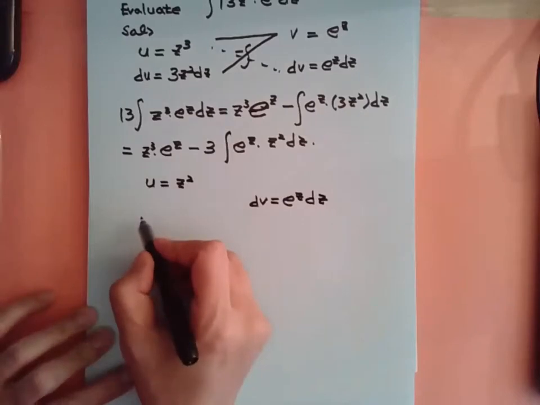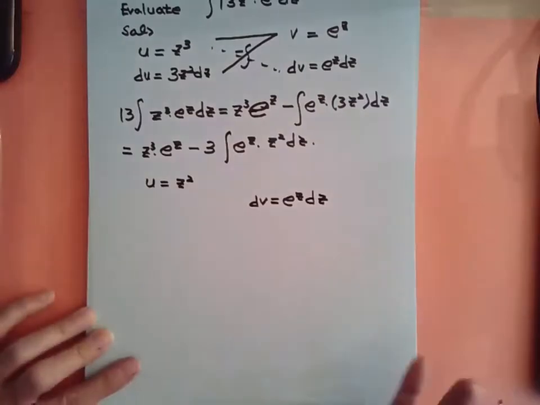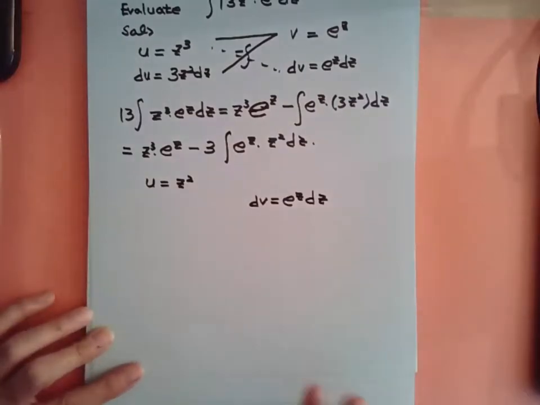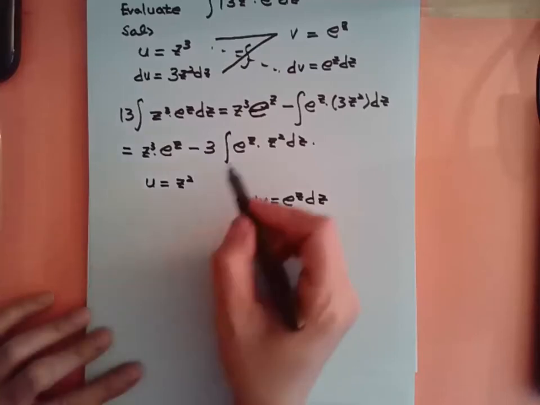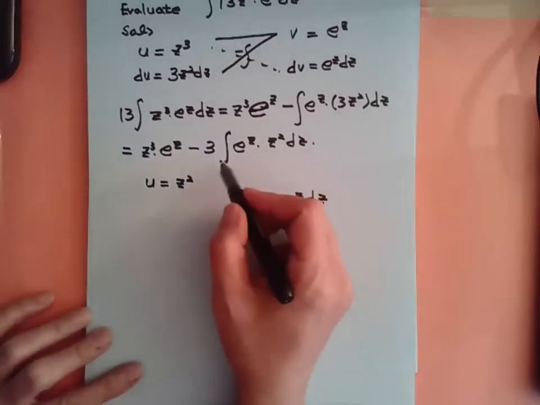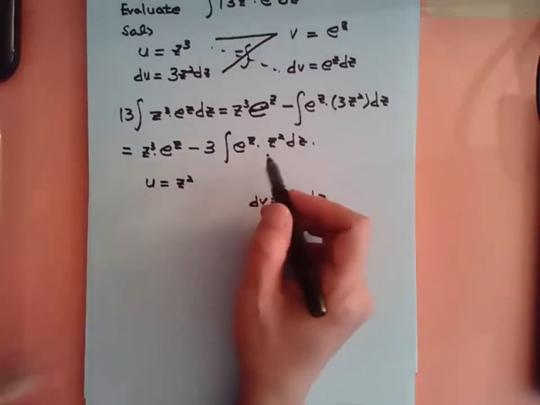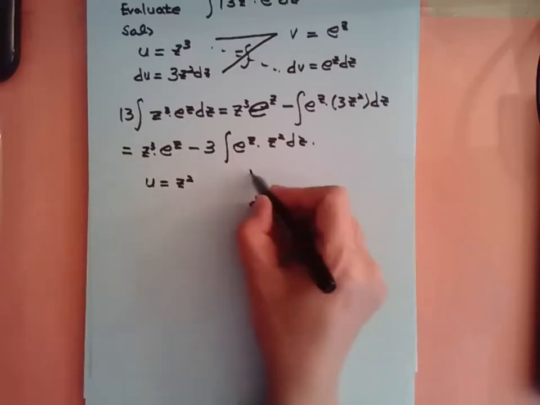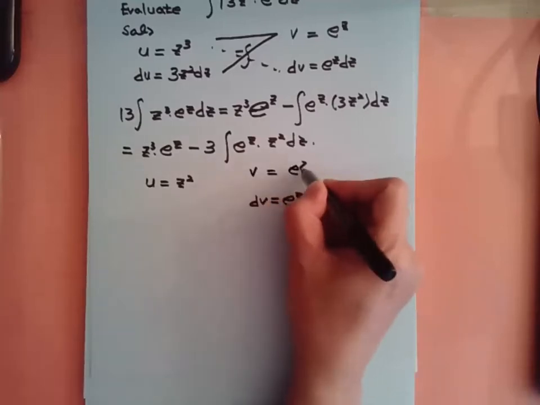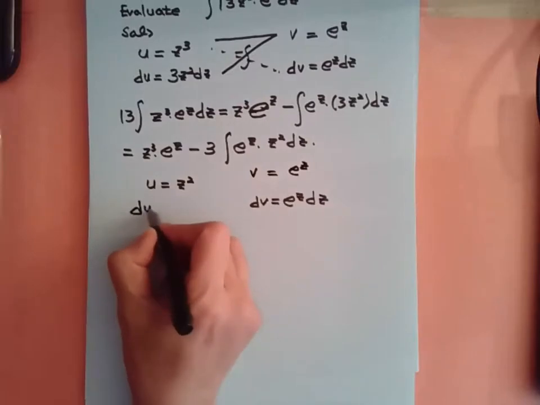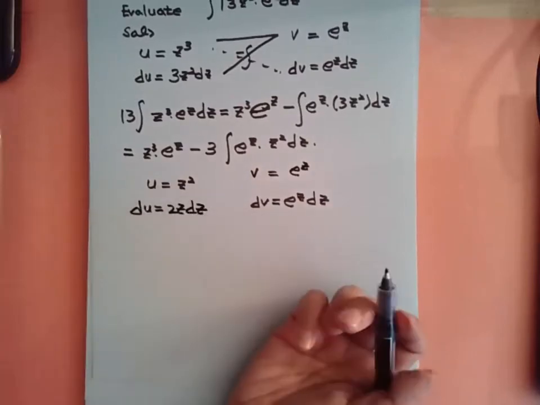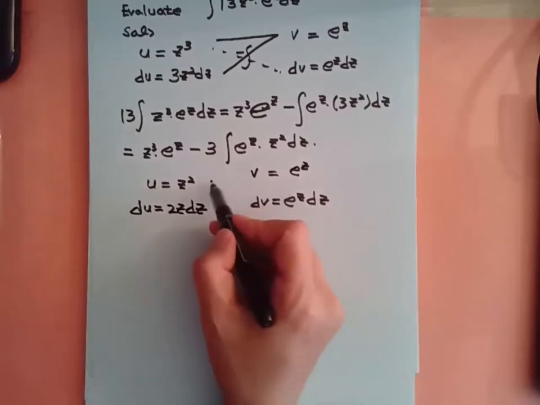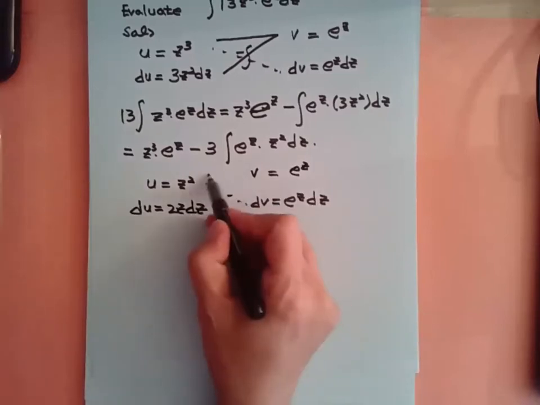It is just the same pattern with the lower degree, but we have to repeat it because we produced a little bit simpler but the same pattern of problem. So v is e to the z and du equals 2z dz. What you can imagine is we have to repeat it one more time.